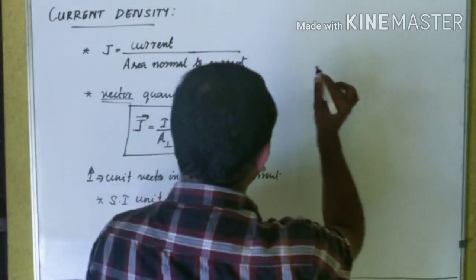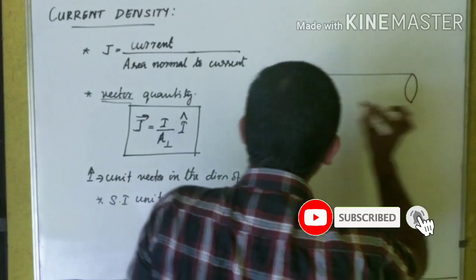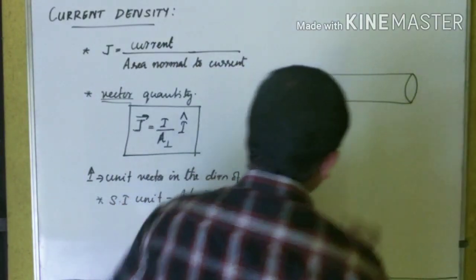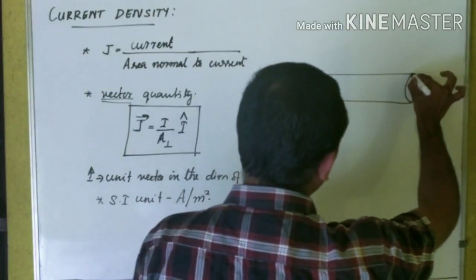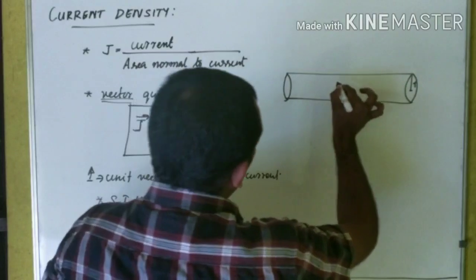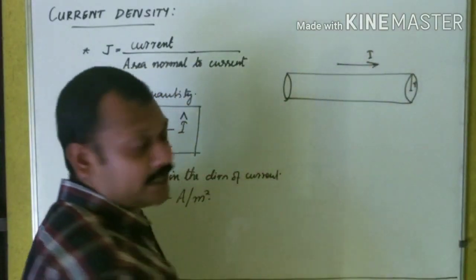Now let us consider an expression for the current density through a conductor. Let me consider a conductor of cross-sectional radius R. Let us assume this is the direction of electric current inside the conductor.